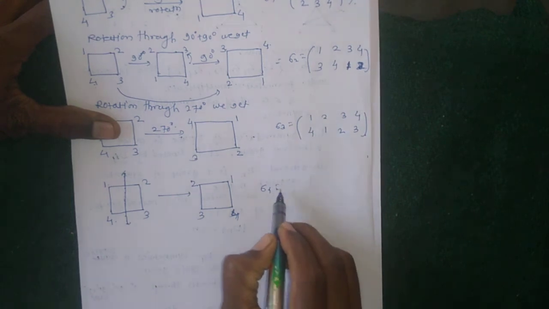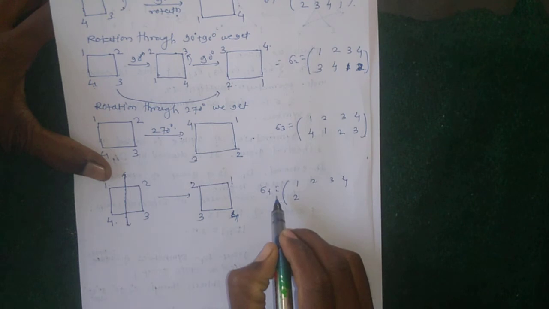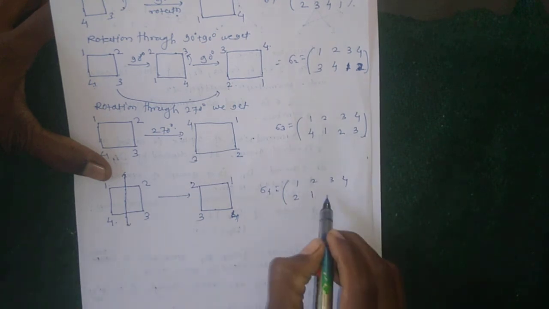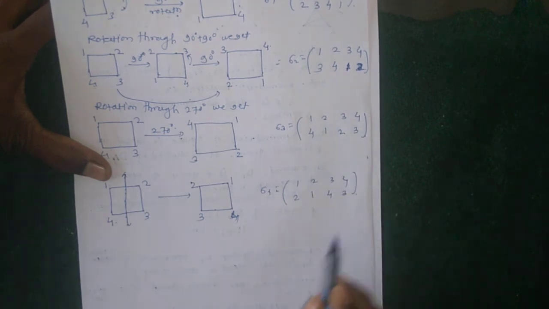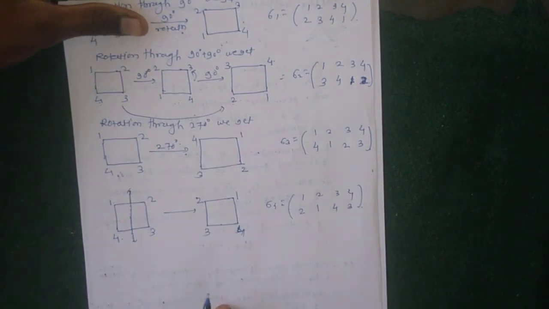Sigma 4 is of the form 1 2 3 4, and their values are: 1 has value 2, 2 has value 1, 3 has value 4 and 4 has value 3.